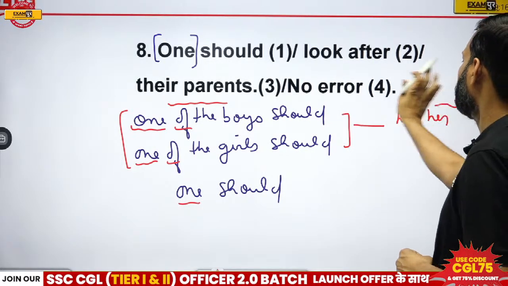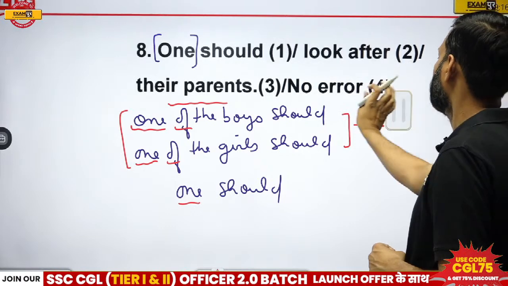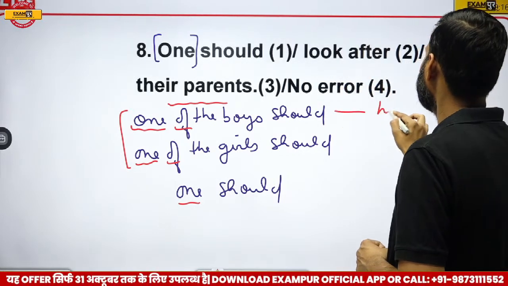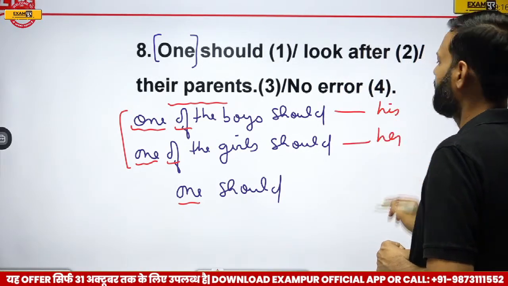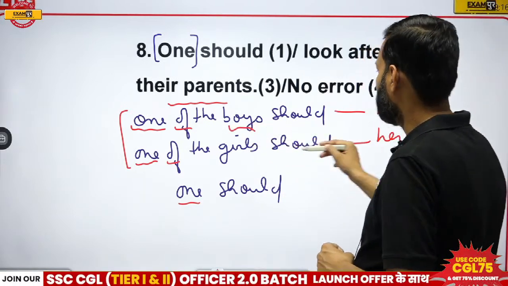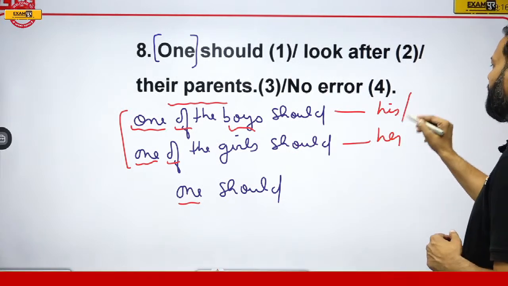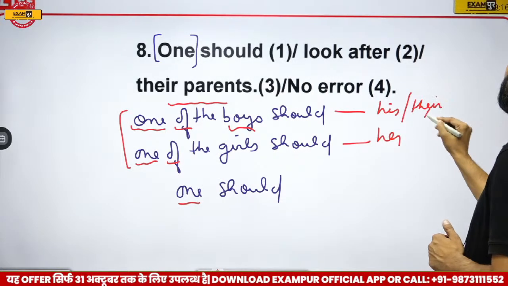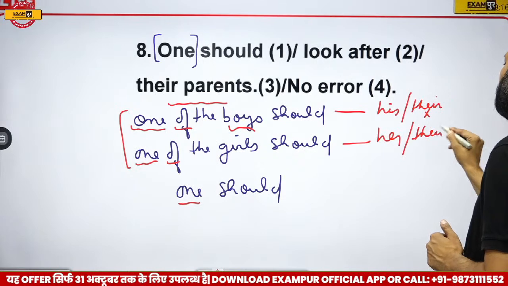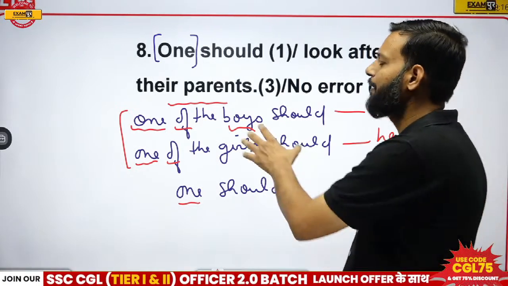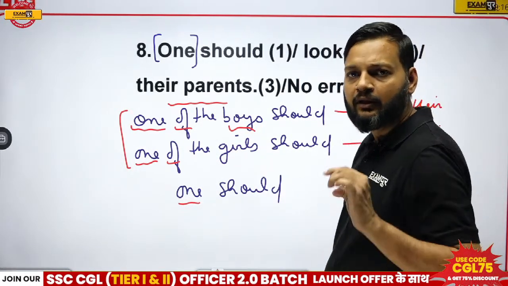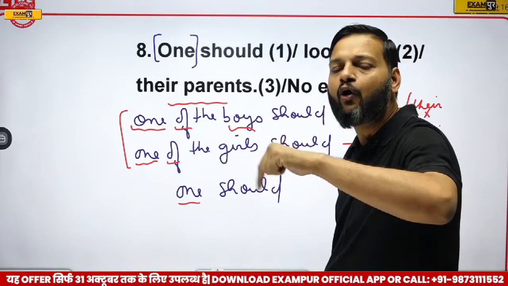Okay, its possessive should be his or her, because here we are talking about boys. So according to boys, his. According to girls, her. You cannot use their in these sentences. So if one is followed by of plus plural noun, the possessive should be singular according to the noun.